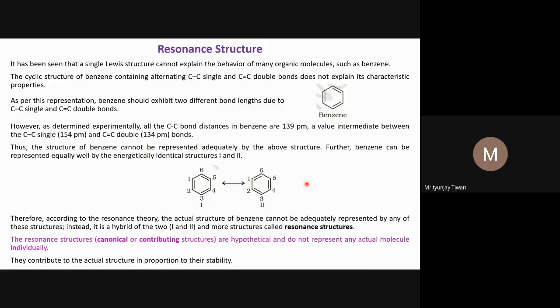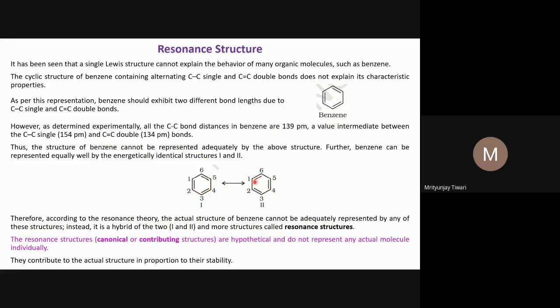Sometimes people also show this by writing a circle inside the six-membered ring, showing the complete delocalization of the pi electrons. But in the structure we have seen, there is a double bond between carbon atoms one and two, then double bonds between 3 and 4, and 5 and 6, and the single bonds are here.